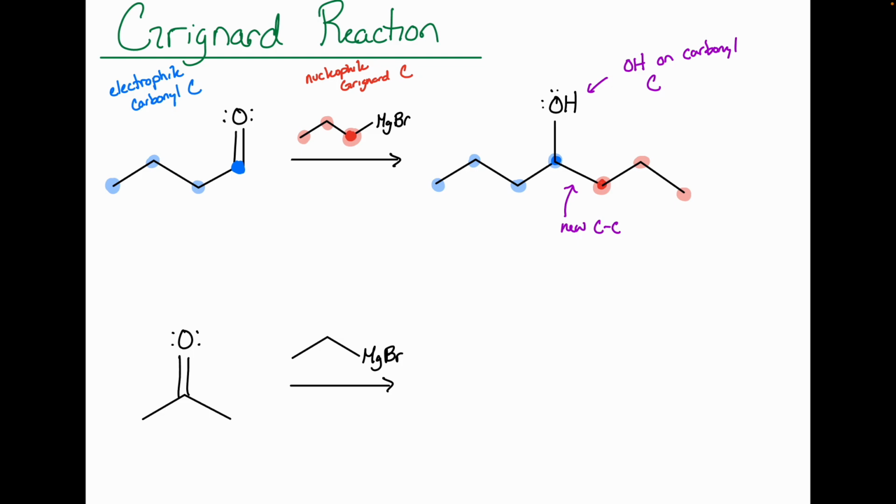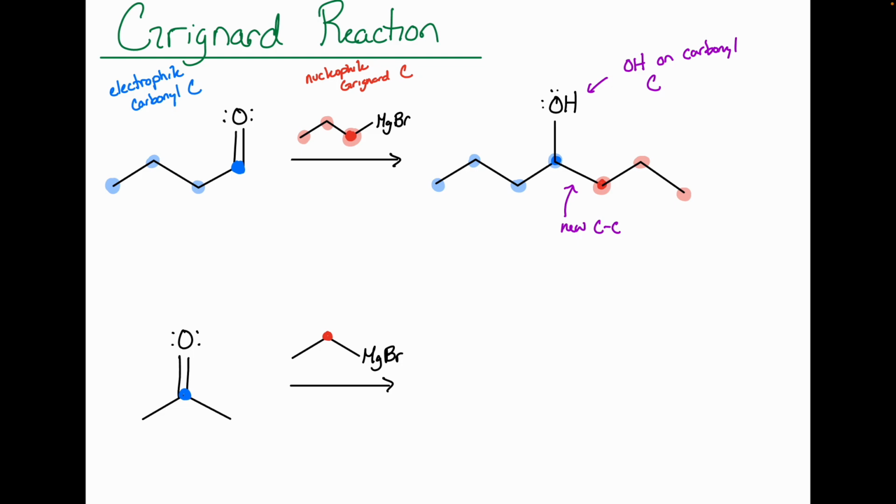All right, so I'm going to start by figuring out where my new bond should be, between which 2 carbons, right? It's going to be between my carbonyl carbon, my electrophile, and my Grignard carbon, specifically the one bound to that magnesium.